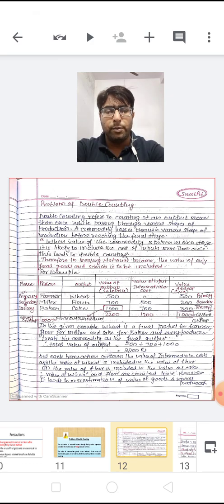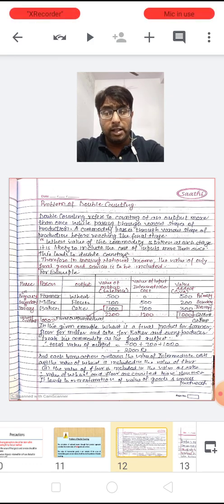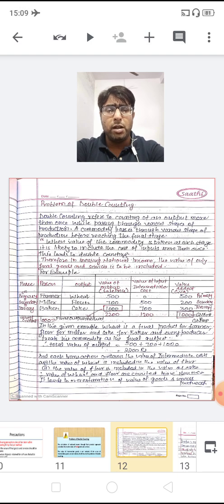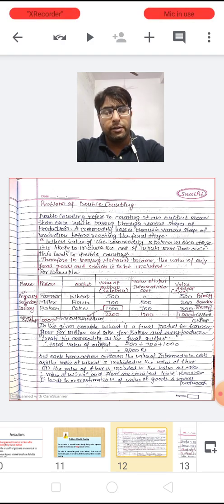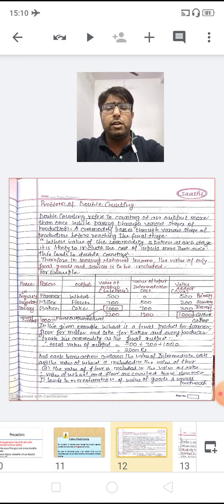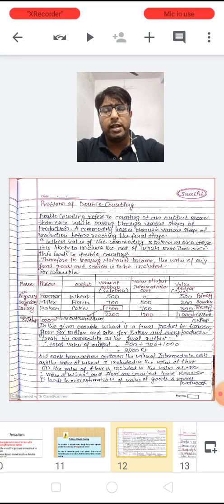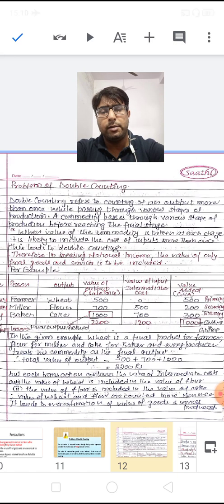Therefore, this leads to the problem of double counting, which definitely increases the value of the national income. So we will always take the value of only the final goods and services in estimating the national income. Now here we have taken a numerical example to understand it better.